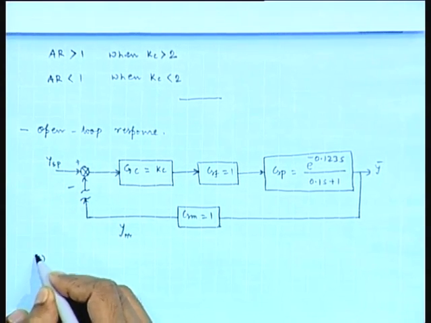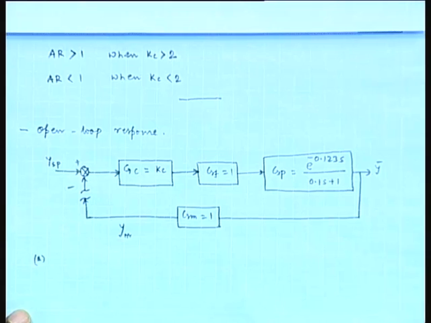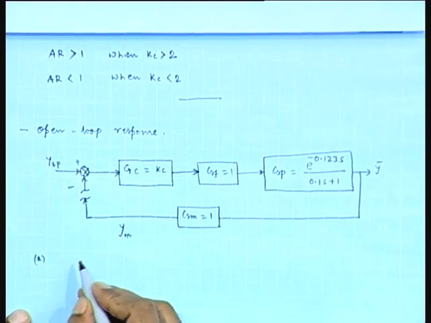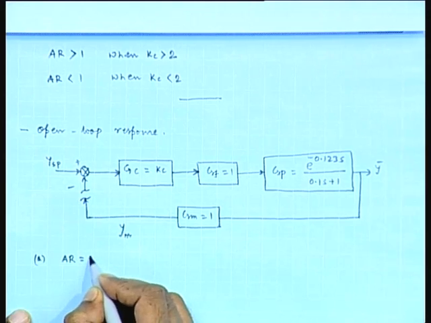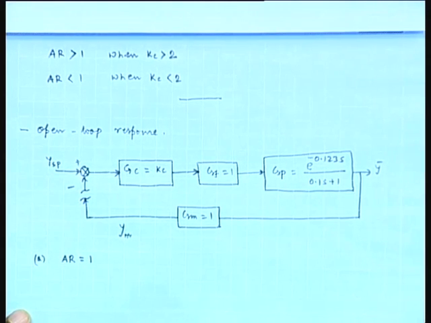In addition, we will consider the followings. First, we will consider amplitude ratio equal to 1, phi equal to minus 180 degree.